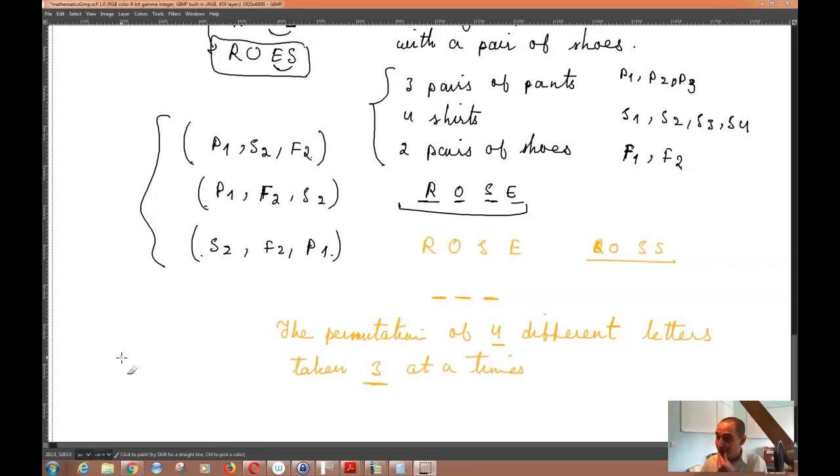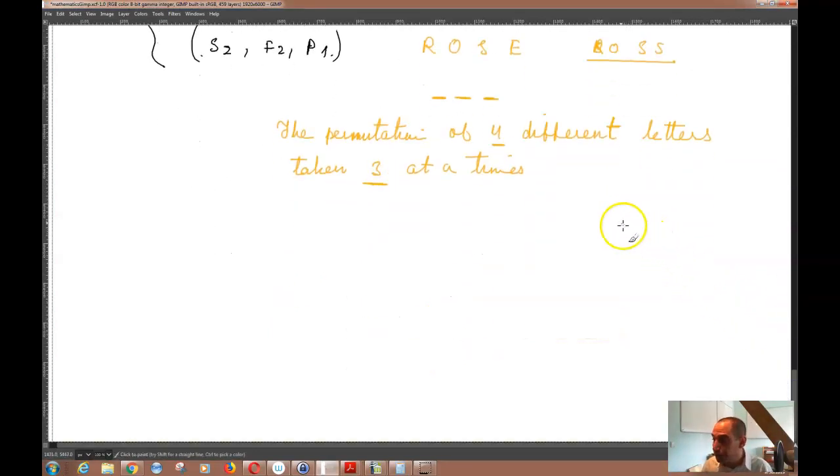Or again, a permutation is an arrangement in a definite order of a number of objects taken some or all at a time. So let me write down the definition and we'll talk about what that means. So let's call it definition 1.